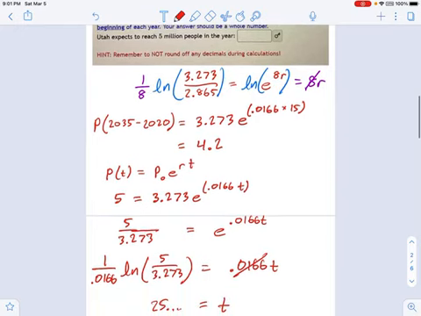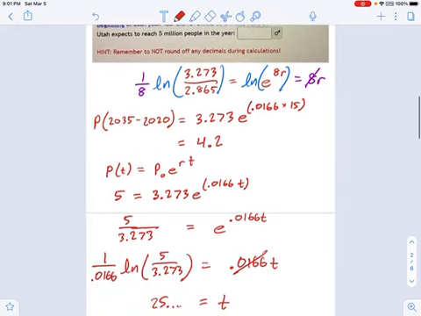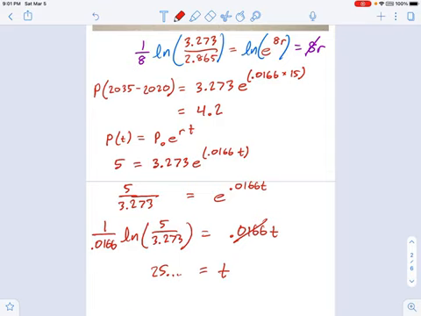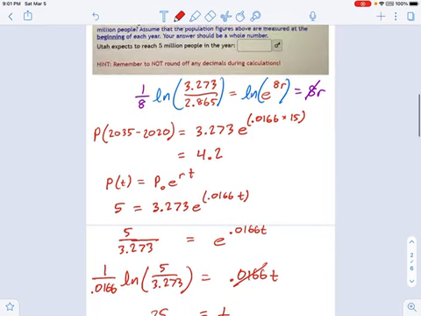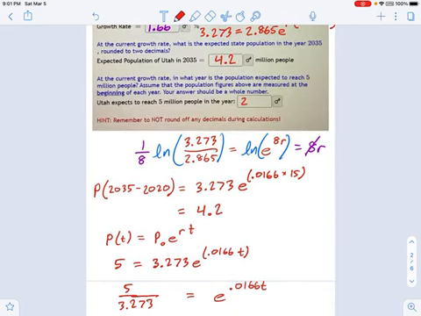Well, that's going to be the year 2020 plus 25. My year equals 2020, that was my initial year, plus 25 and some change. Now, the change doesn't matter. I don't care if I'm in March or August. It's going to be during the year 2045. So that's how we go about this problem.